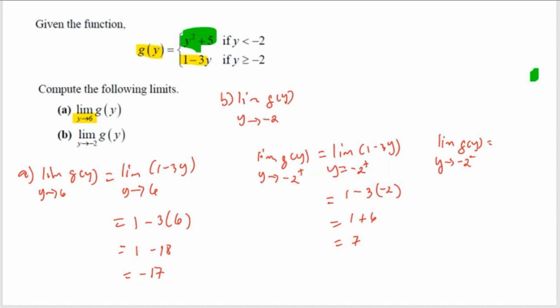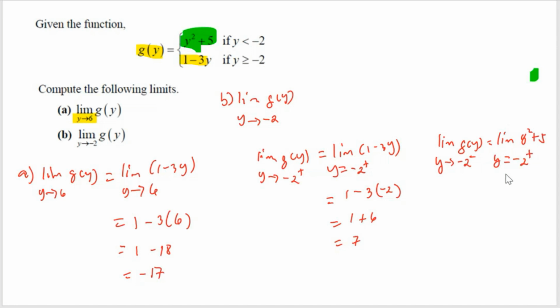Okay, so we have the limit of g of y as y approaches negative 2 from the left, equal to the limit of y squared plus 5 as y approaches negative 2.